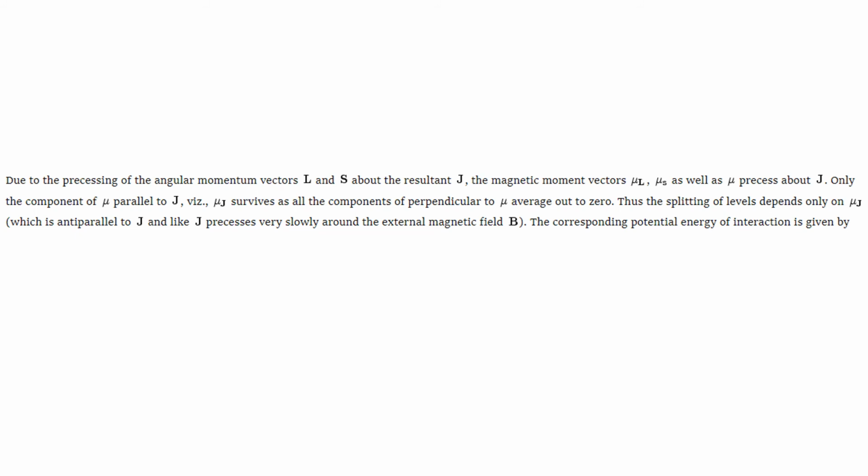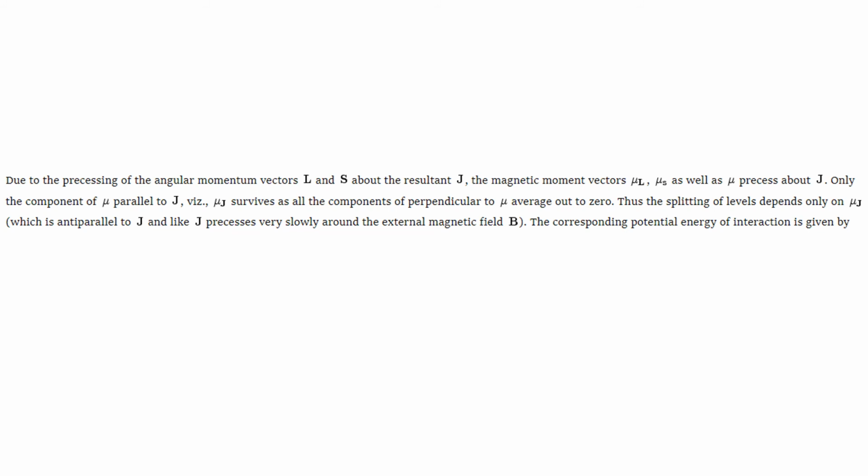Only mu parallel to J will survive. In this way, the splitting of levels depends only on mu J, which is anti-parallel to J, and like J, precesses slowly around the external magnetic field B.